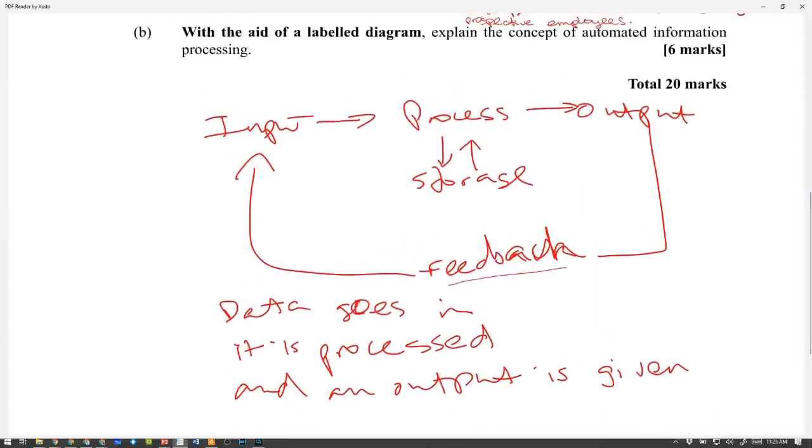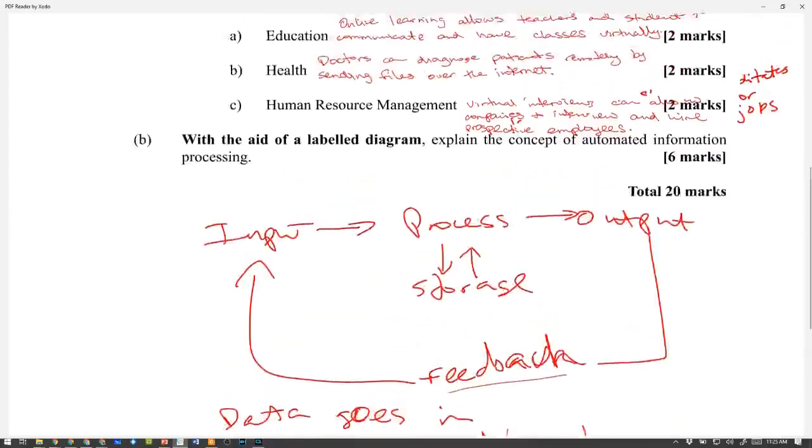So for the diagram, you'll get 3 marks for having input, process, output, and storage. And then you basically want to say data goes in, it is processed, and then output is given. This will be 1 mark each. So data goes in, it's processed / stored, and output is given.